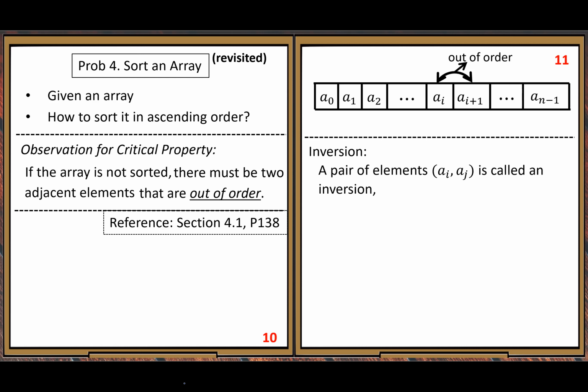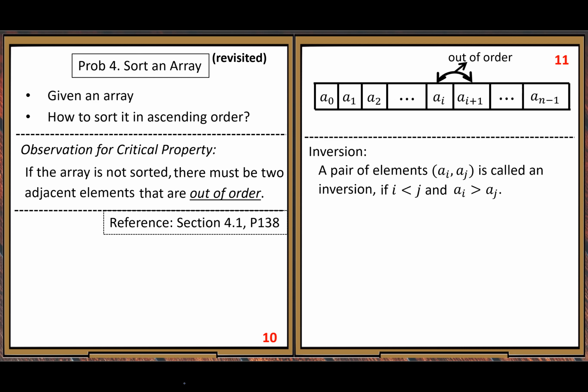A pair of elements, A sub i and A sub j, is called an inversion if i is less than j, the subscript i is less than the subscript j, but their values are in different order. A sub i is greater than A sub j. The value order is opposite of the subscript order. So we call that an inversion.